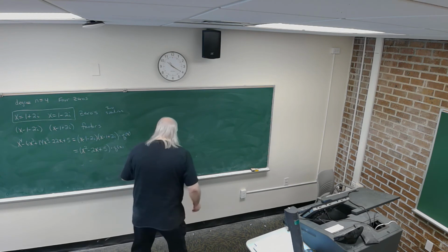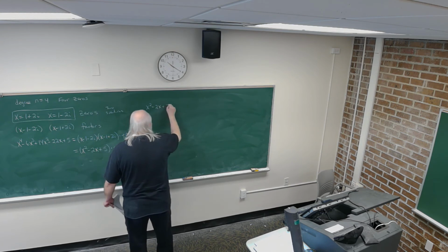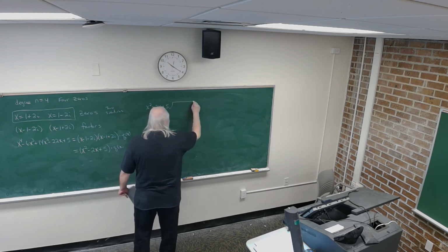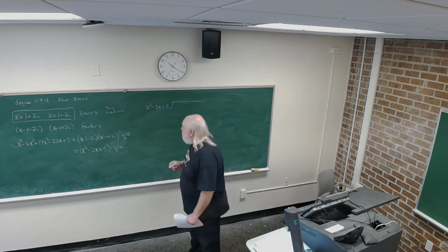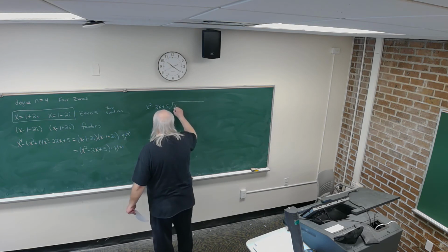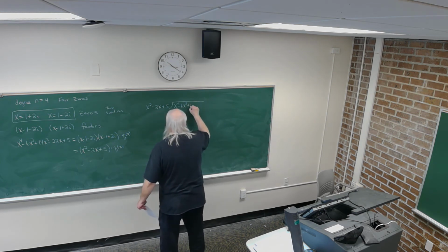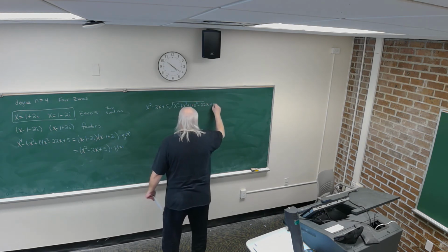Okay. So x squared minus 2x plus 5. Now I'm going to speed up the long division, right? We've done this several times. So we're dividing x to the 4th minus 6x cubed plus 14x squared minus 22x plus 5.